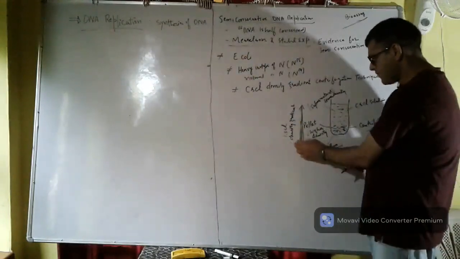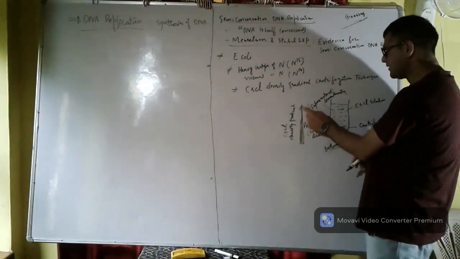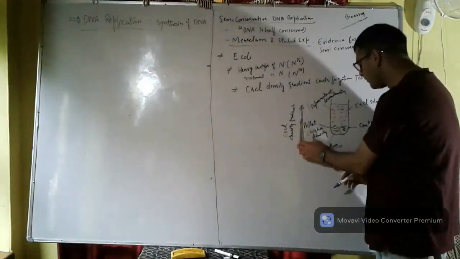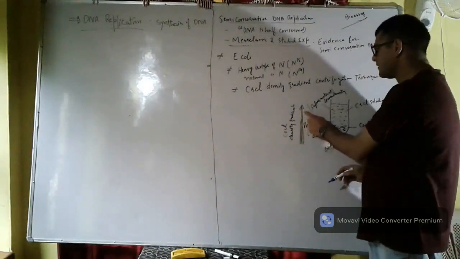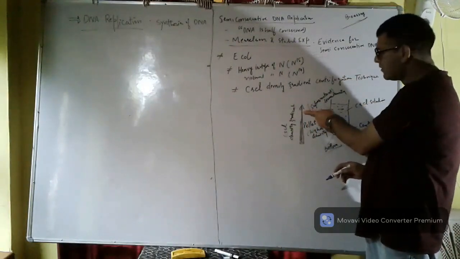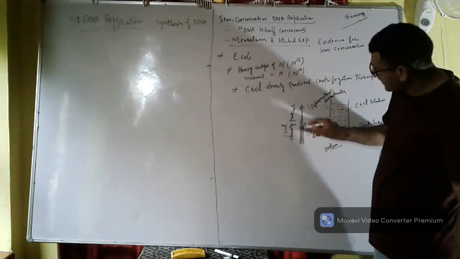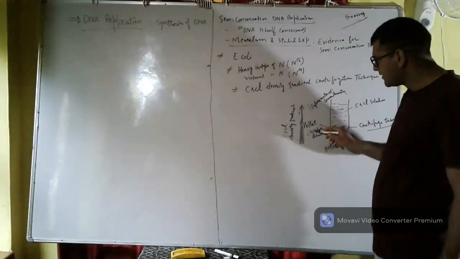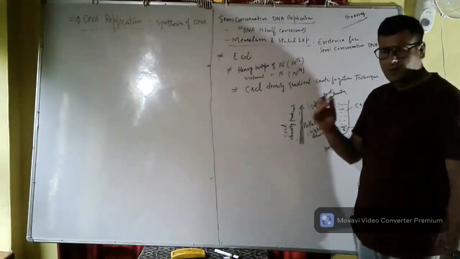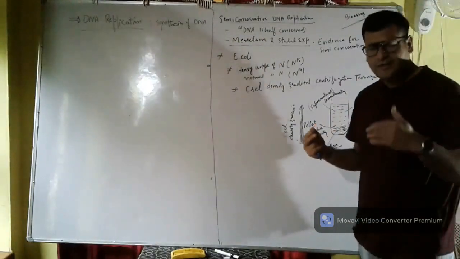That means at the bottom, in the pellet part, the density is greater, and in the supernatant, or in the upper part, the density is lower. So these thick lines indicate higher density. This is higher density and this is lower density. Higher density is in the pellet or in the bottom, and molecules with lower density would be in the upper part or in the supernatant. This is what is called a density gradient, that is difference in the density. It is as simple as this.